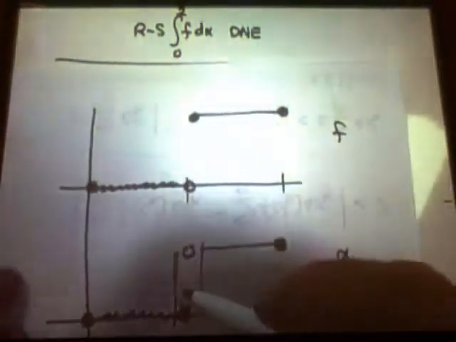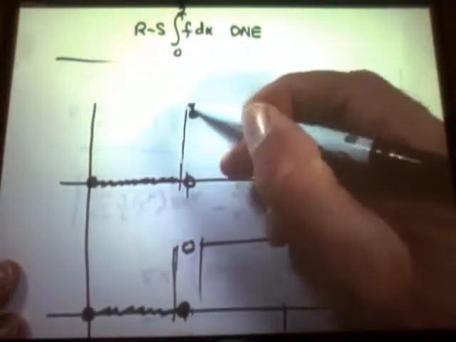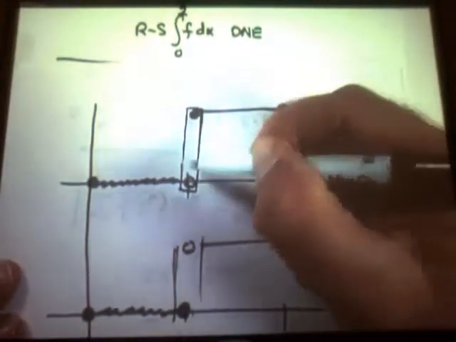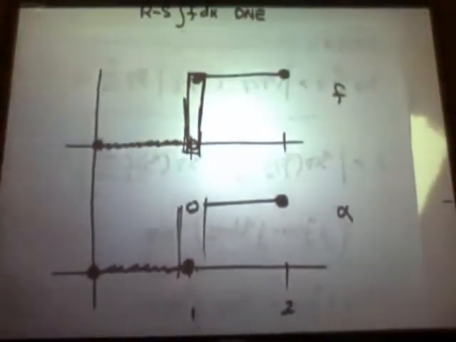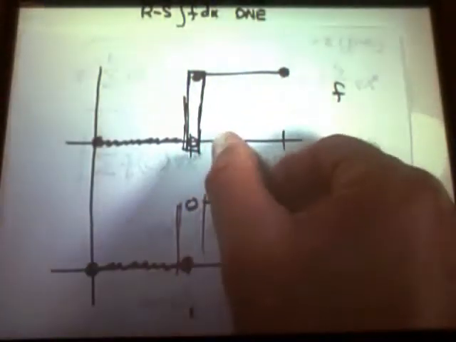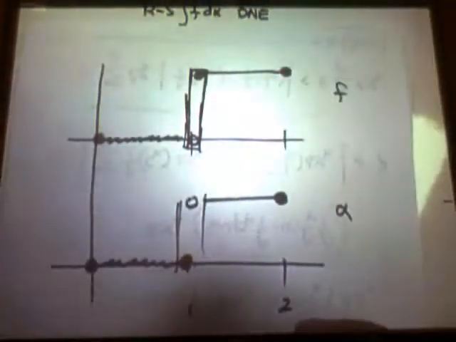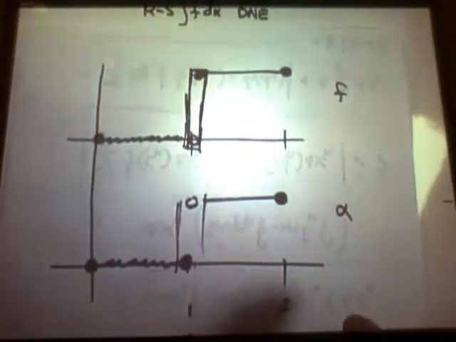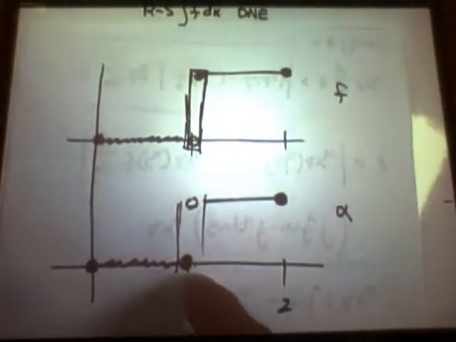I have a skinny little rectangle that I have to somehow cover the point 1 with. So slide that thing around and ask yourself what happens to the Riemann-Stieltjes sum. If I slide it all the way over here, then f is 1 and delta alpha is 1.